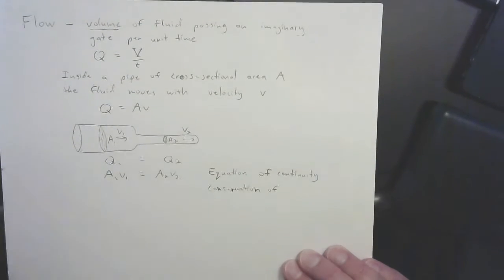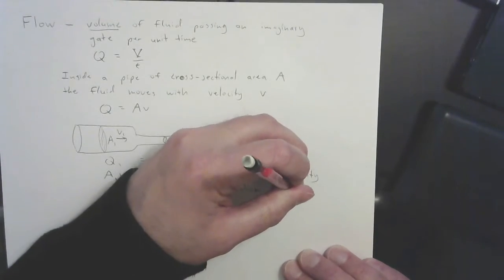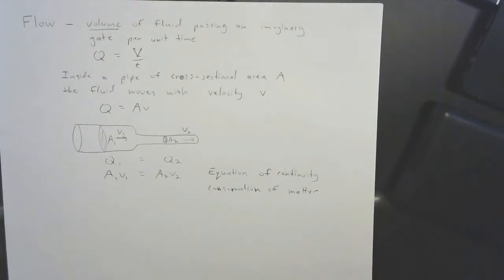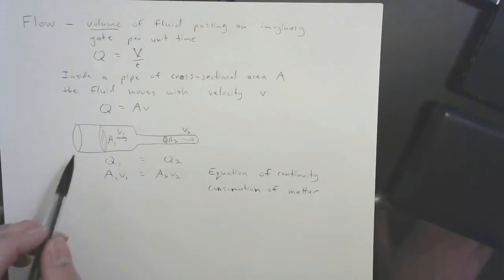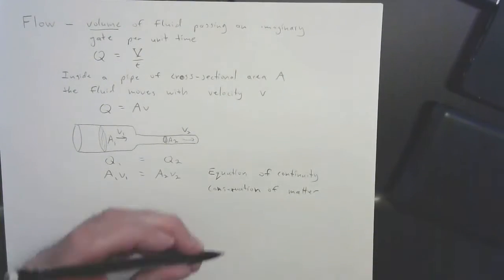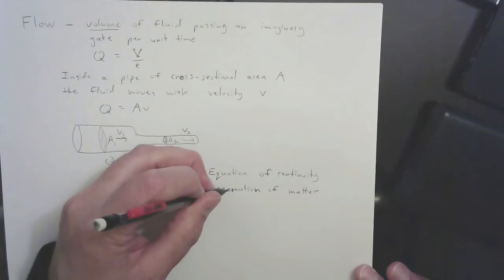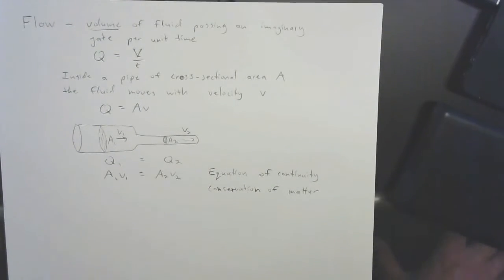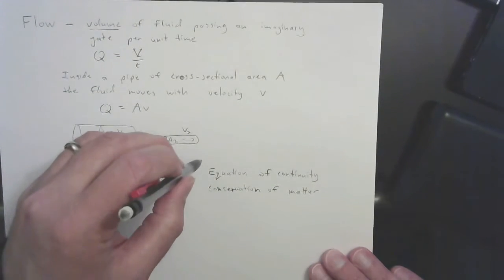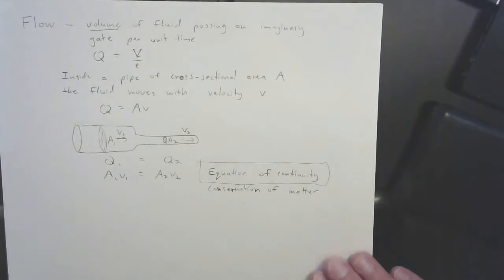This is just saying that no fluid disappears from the system as it flows through the pipe. Whatever comes through pipe 1 has to go through pipe number 2. So this is conservation of matter, but the book calls it the equation of continuity.